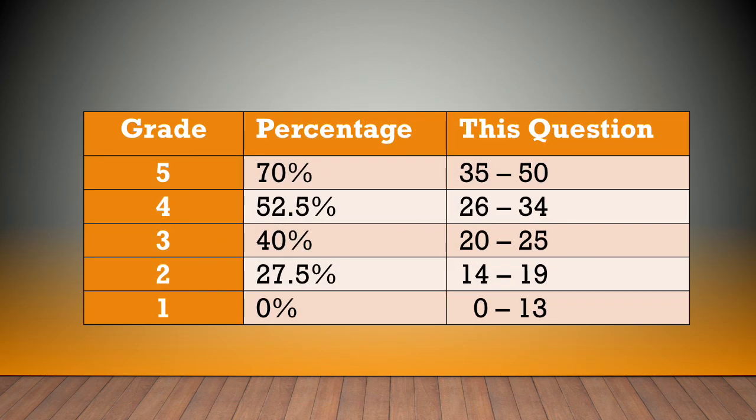There are 50 points available for this question. There is no exact formula for what number of points will constitute a 5, 4, 3, 2, or 1 on the AP exam. However, these percentages are what have been used in the past based upon exams released by the College Board.